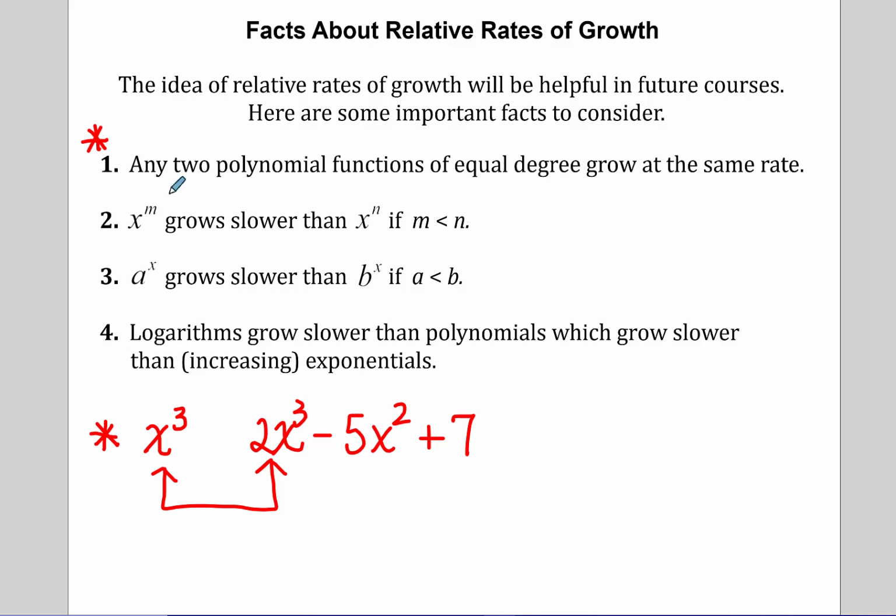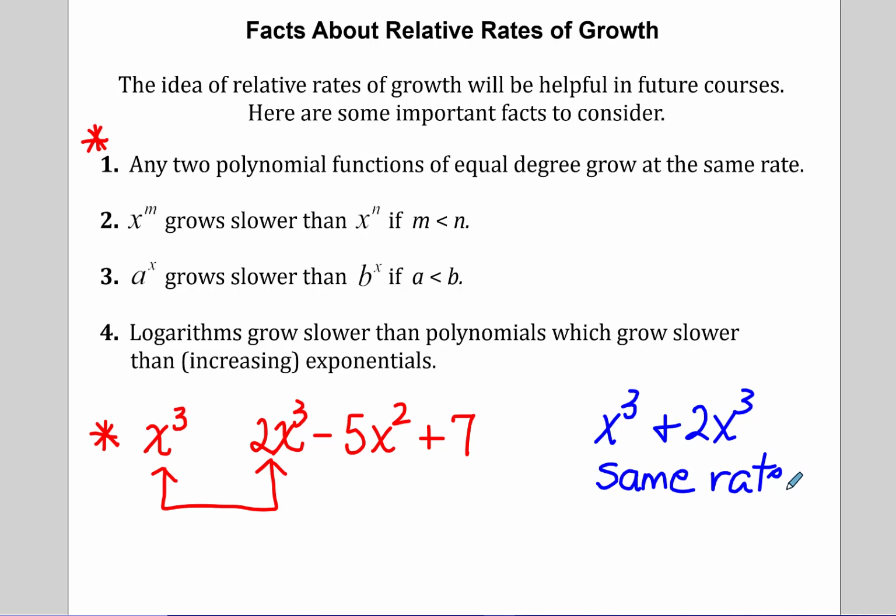And the statement says any 2 polynomial functions of equal degree grow at the same rate. That means if you consider x cubed and 2x cubed, even this factor of 2 for very large x's are still going to grow at the same rate.